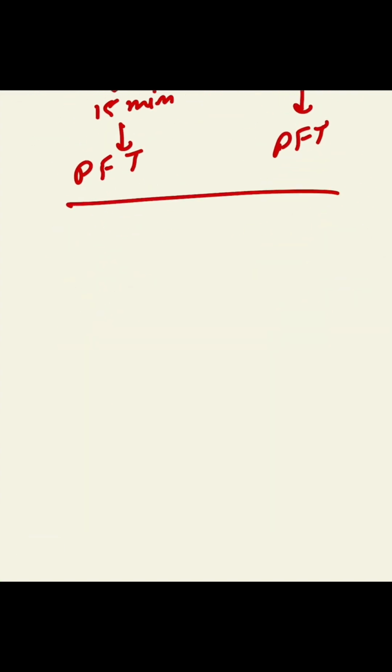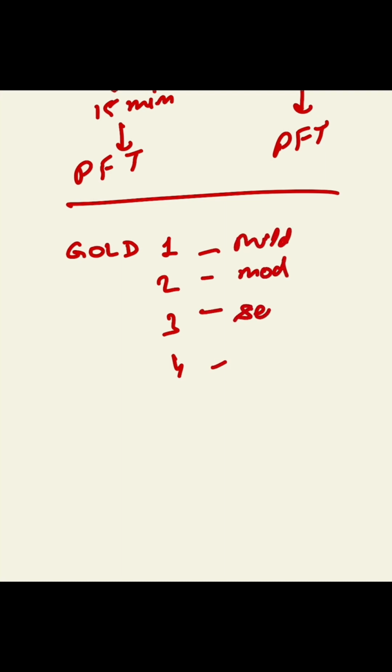Next is the same old criteria for grading patients according to the GOLD grades, the severity of airflow limitation, like GOLD 1, 2, 3 and 4: mild, moderate, severe and very severe.